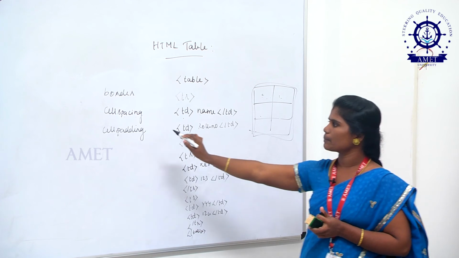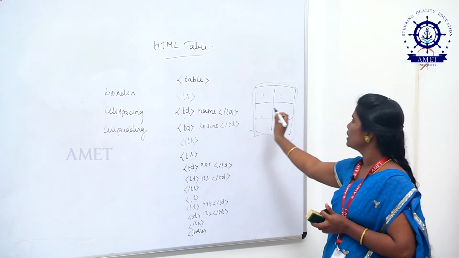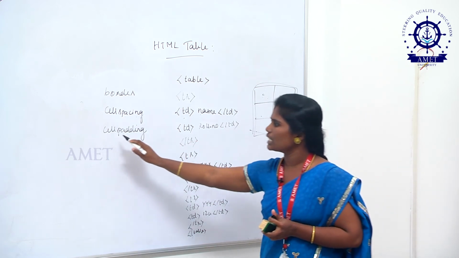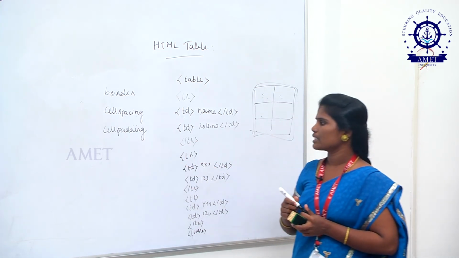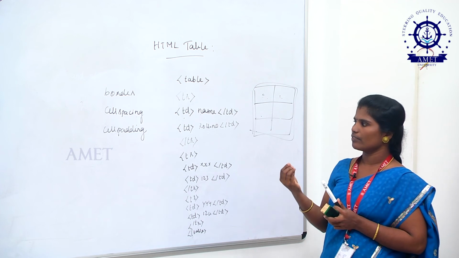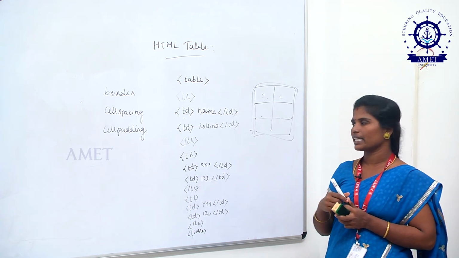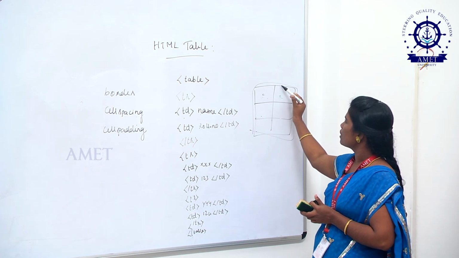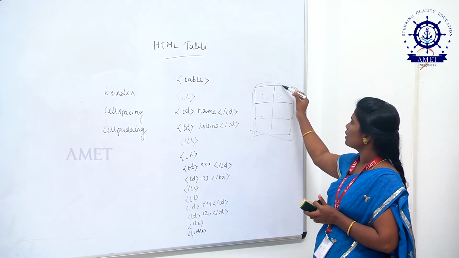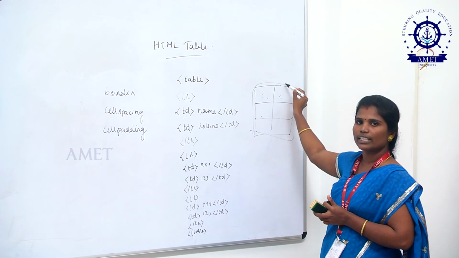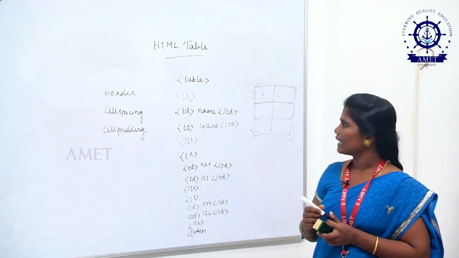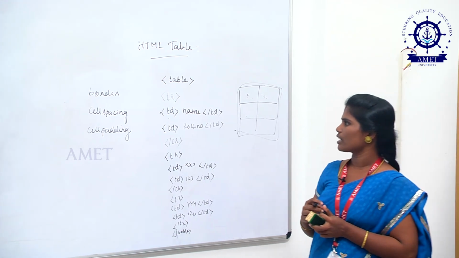So, using cell spacing you can specify the space between the 2 cells, whereas in cell padding you can specify the value which will be used for giving a space between the cell border and then its content. So, these are the 3 attributes which we are using inside the table.